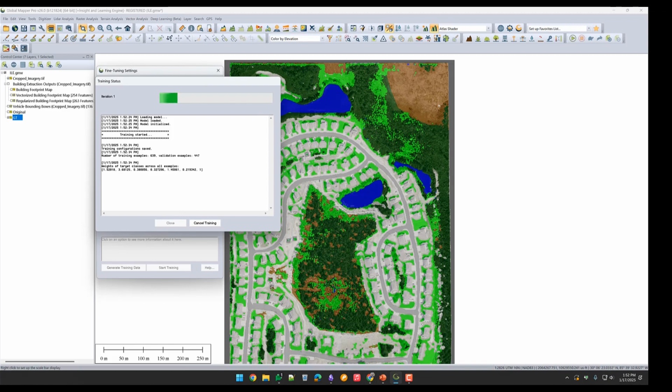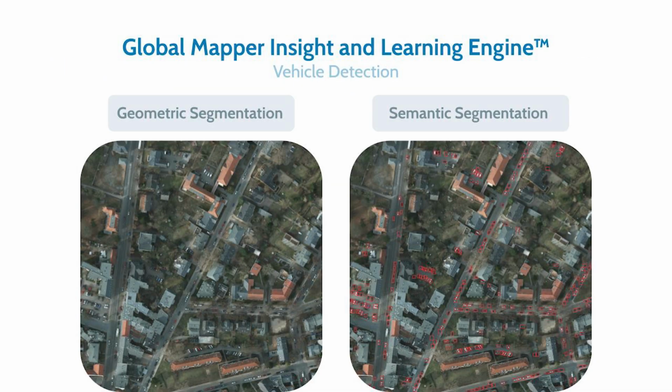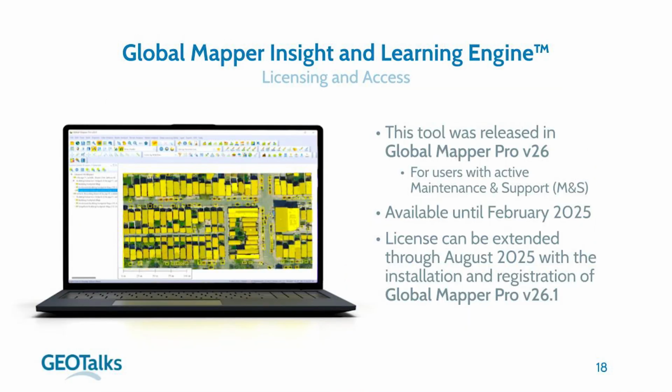So that's about all I wanted to cover right now, but let's go ahead and wrap up before I run out of time here. If anybody is interested in using the Global Mapper Insight and Learning Engine, anybody who currently has a Global Mapper Pro version 26 license, you should have the Insight and Learning Engine license built right into Global Mapper, and you can go ahead and use it.